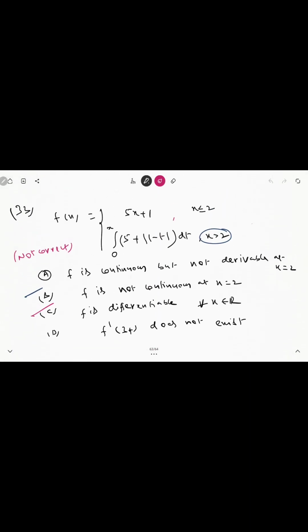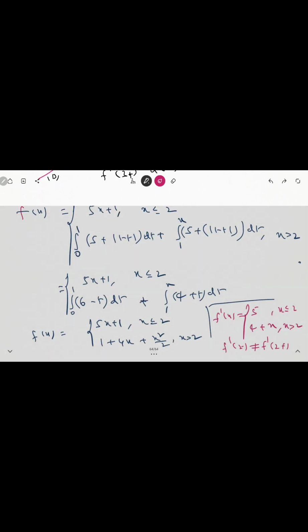So f dash 3 plus exists. Saying it does not exist is actually wrong, but we need wrong. So D is also our option. Derivative exists actually, but here what is given is does not exist. So wrong. Hope that you got it.